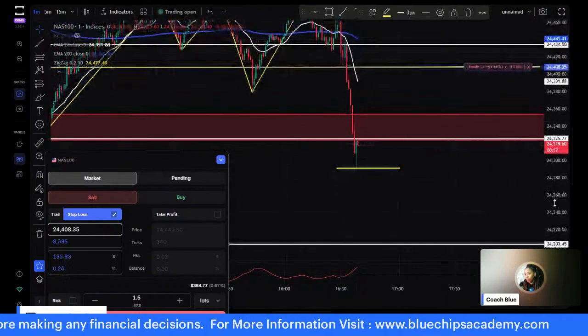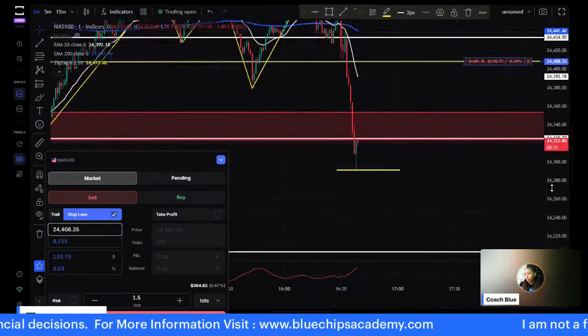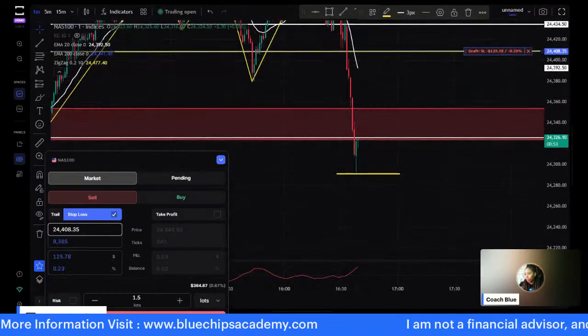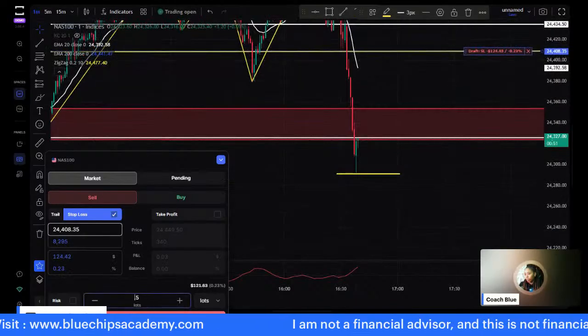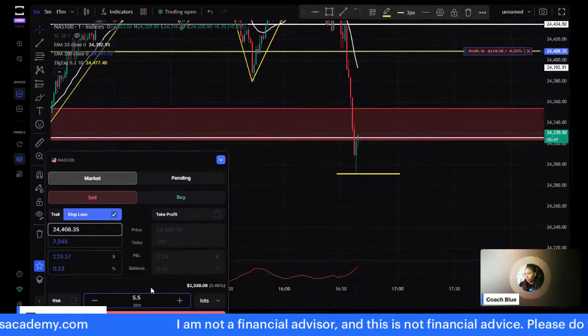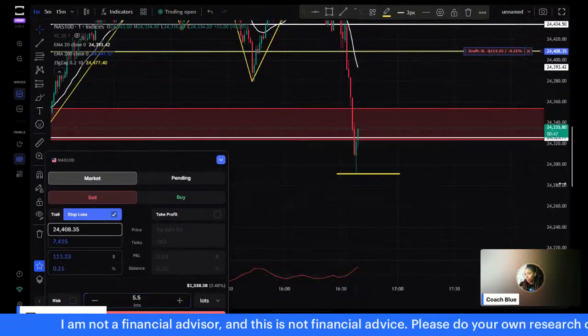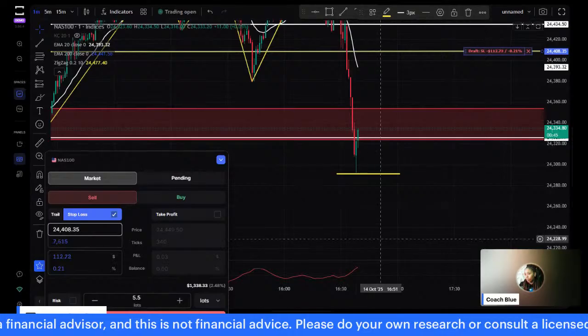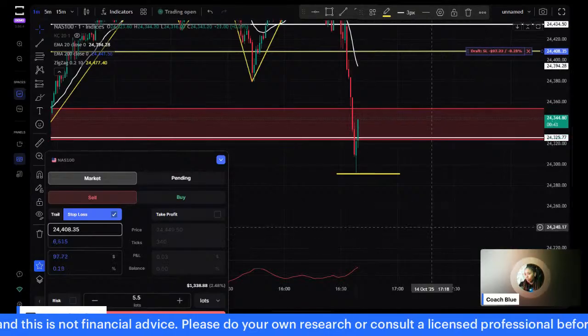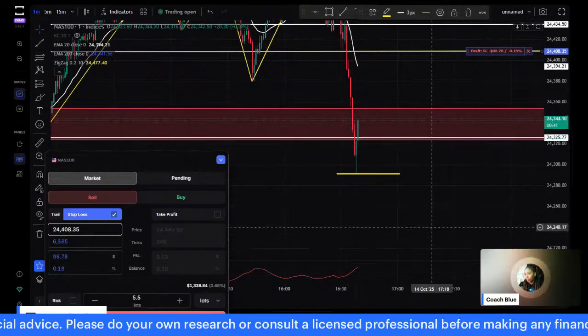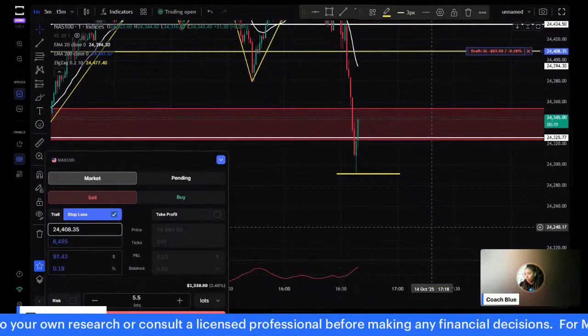Nice pullback here. Very nice pullback. Let's see if we get some continuation and it's not just a fake out.